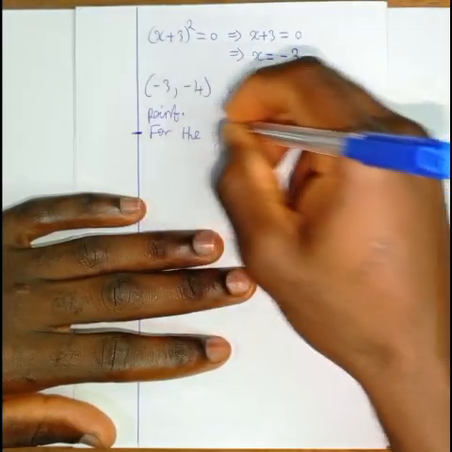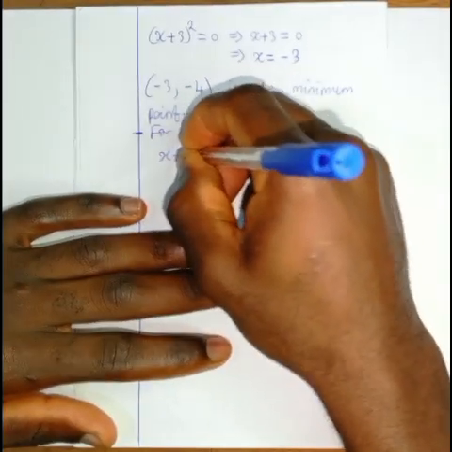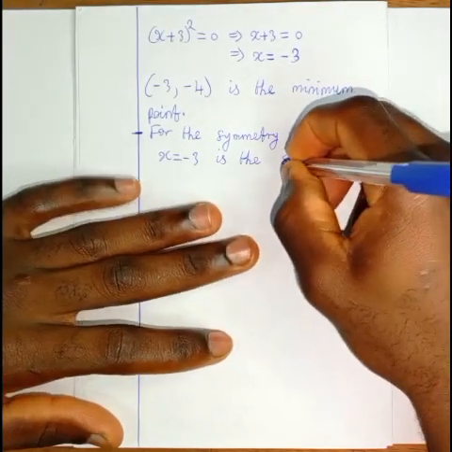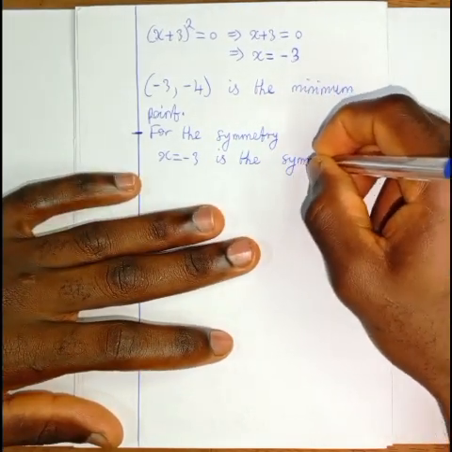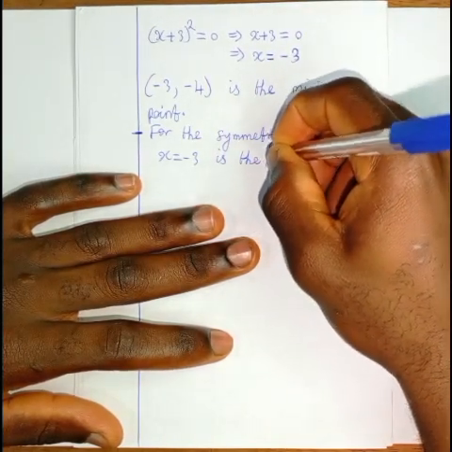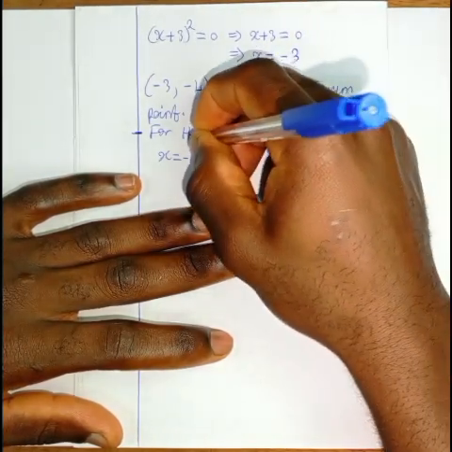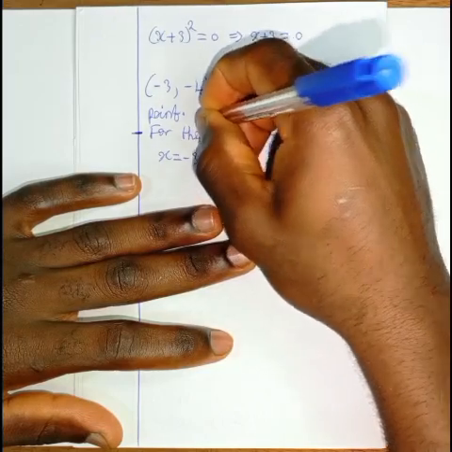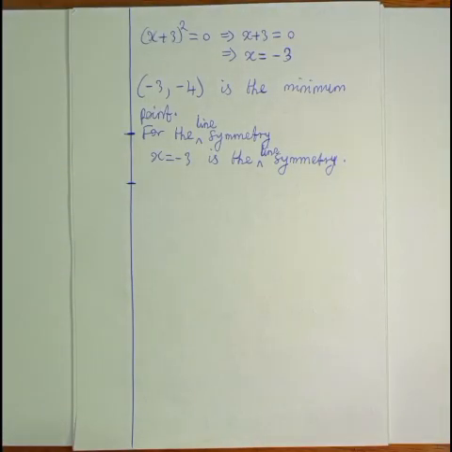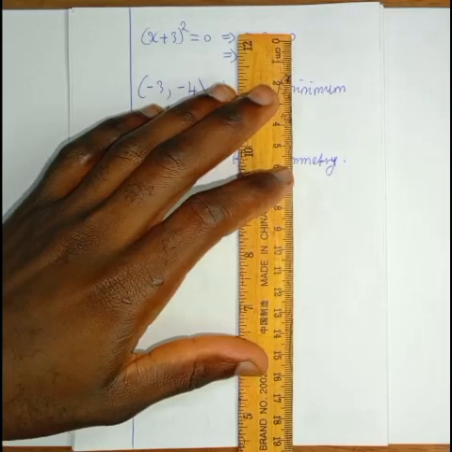So we are going to conclude x equal to negative 3 is the line of symmetry. Knowing all this, we can easily draw the curve of y equal to x squared plus 6x plus 5. Let's scale our graph.